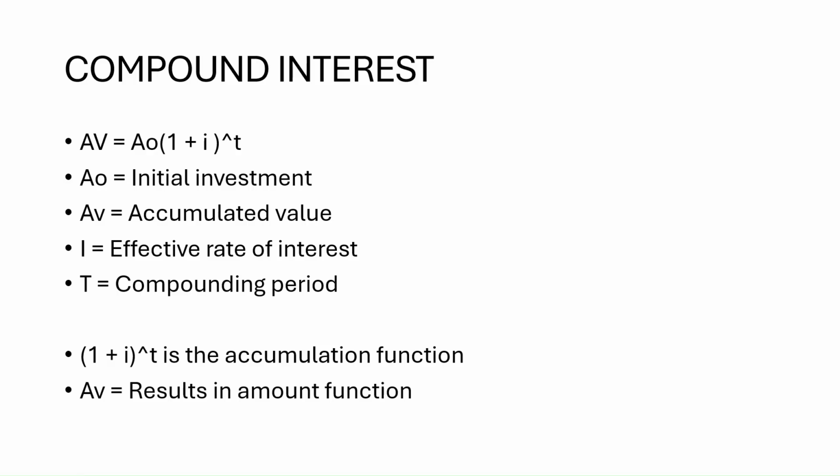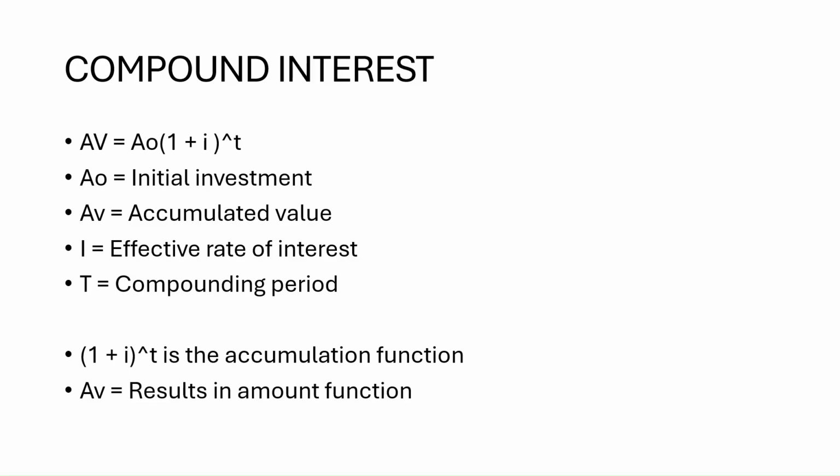So let's look at this formula. A0 is what you started with. Now, (1 plus i) to the power t is what allows your money to grow. So we call that the accumulation function. That's the function that allows you to accumulate to a certain amount.